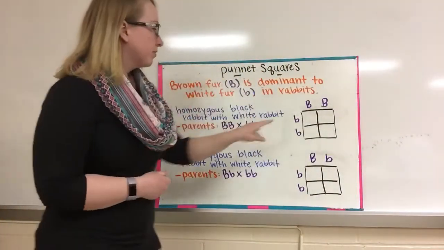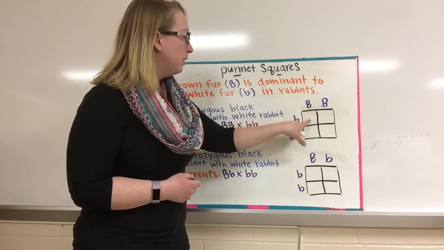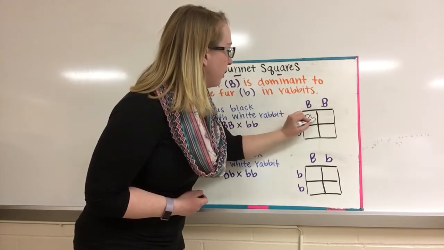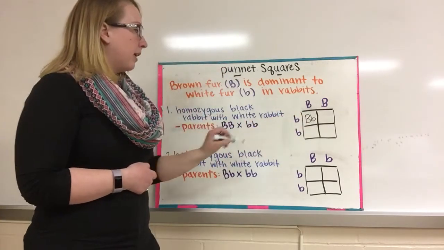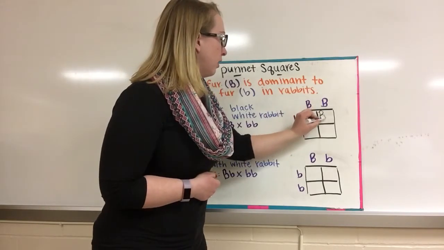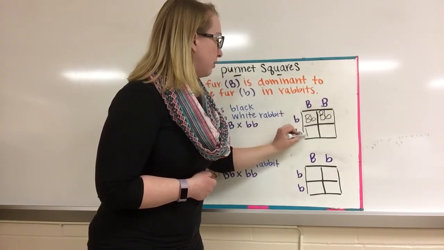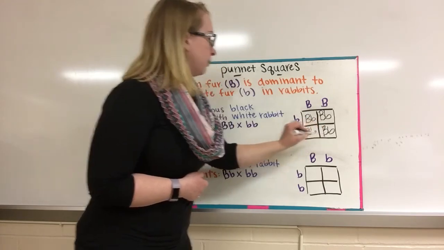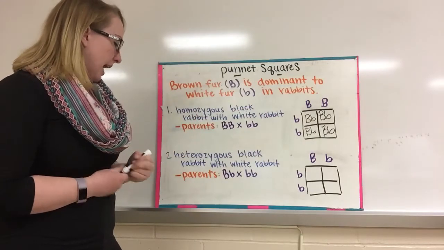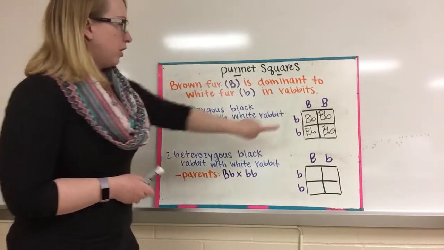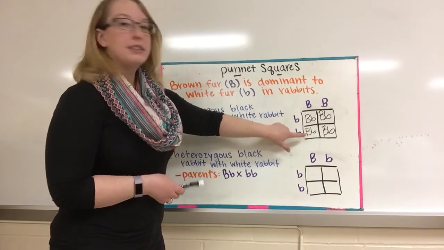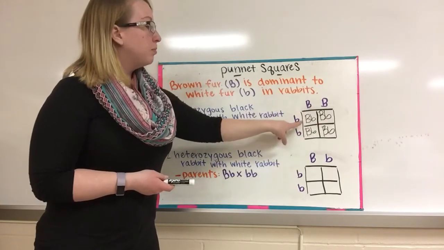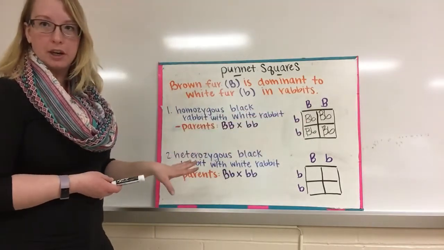So to do this, you would mix this one with this one, leading to a heterozygous dominant pair. Same with right here, and same with here, and here. So if you remember back from the last slide, as long as there is a dominant gene present, all of these baby rabbits are going to have brown fur.